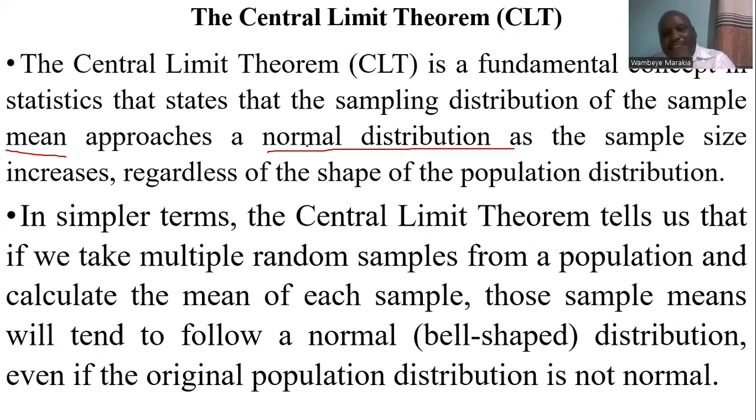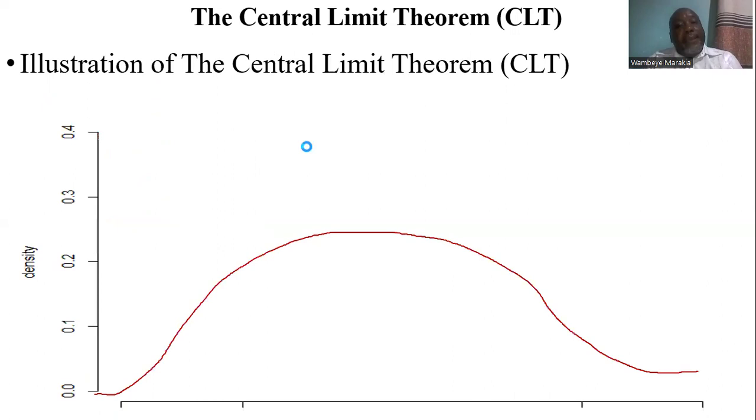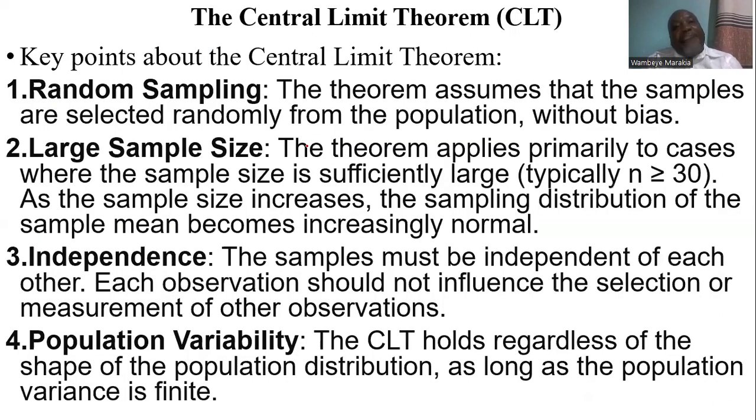Now, there are several underlying factors that we must put into consideration as we do this. What are these fundamental points we must put in place as we are doing this calculation? The first one is that we are doing random sampling.